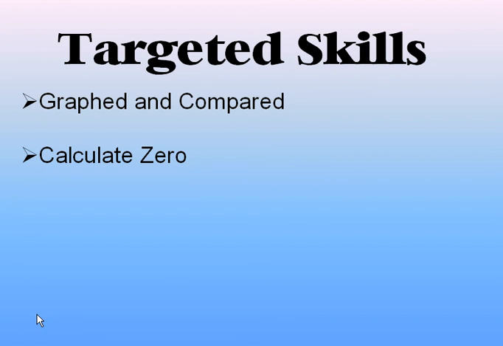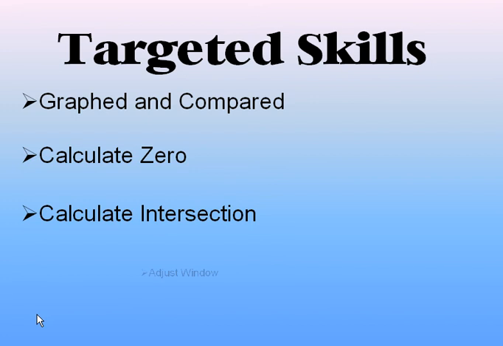Remember that zeros, roots, x-intercepts, and solutions all mean the same thing for a quadratic. In problems 5 and 6, we calculated points of intersection in order to answer the questions. We looked at the window. Since the graph was not visible, we had to adjust our window in order to see the entire graph.